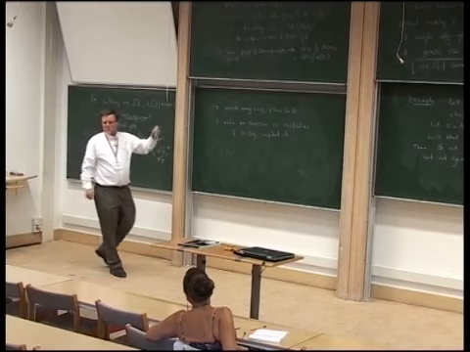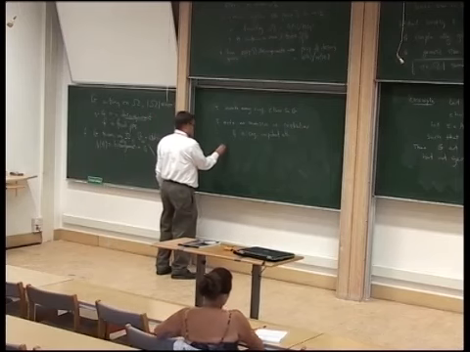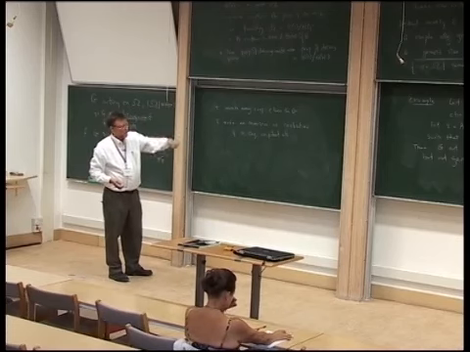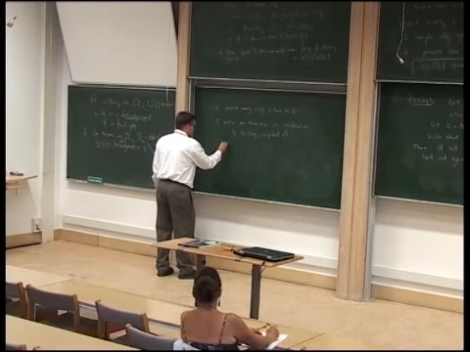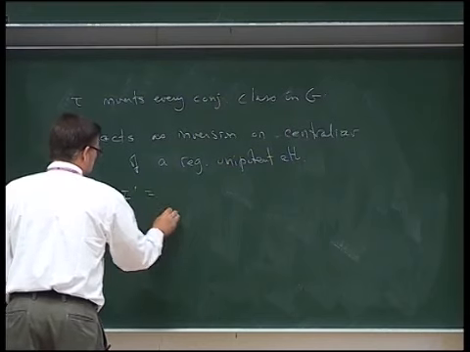So why does this imply that it's base 2? We're acting on the isotropy group, which is the centralizer of tau. So what I do is I can take tau and a conjugate of tau to be this regular unipotent.